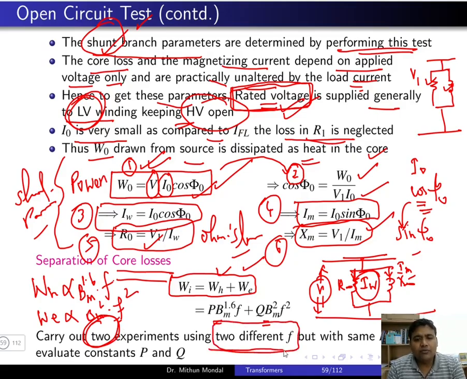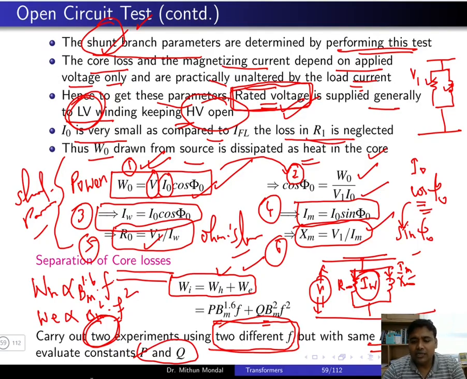These two experiments will be at two different frequencies. So change the frequency of the supply, then the voltage will change with respect to the frequency, and the magnetic flux density will be the same, and then we can evaluate the constants P and Q. So once we have estimated the values of the constants P and Q by performing two experiments under two different conditions, it will be easy to find the segregation of hysteresis loss and the eddy current loss.